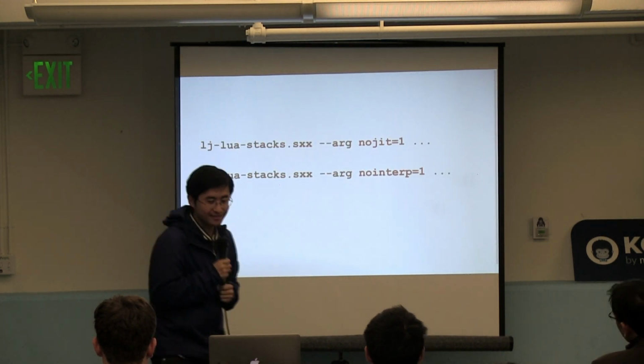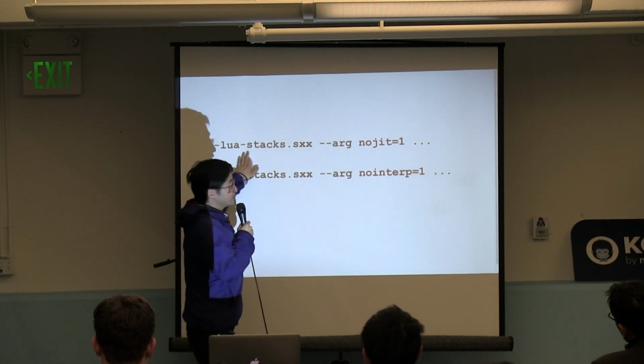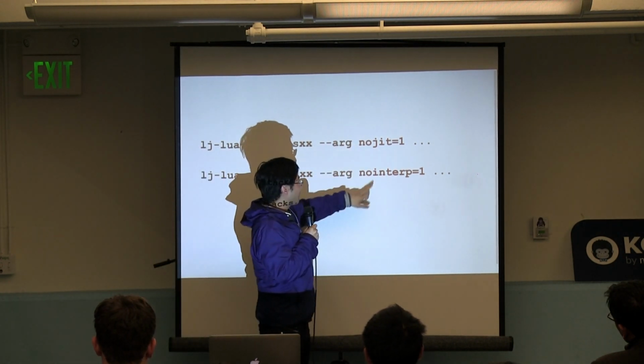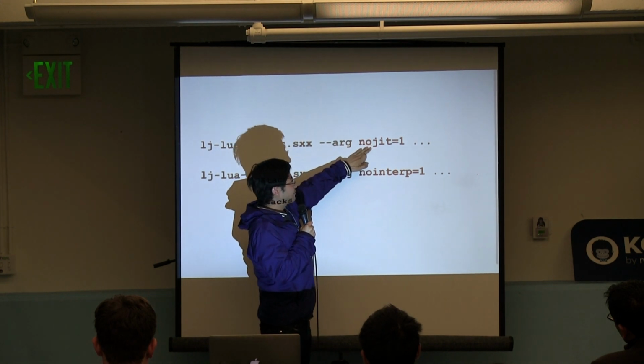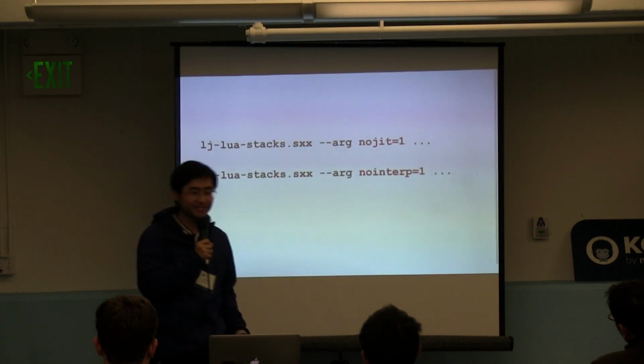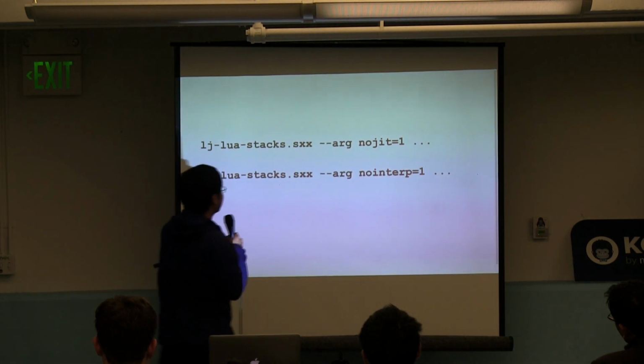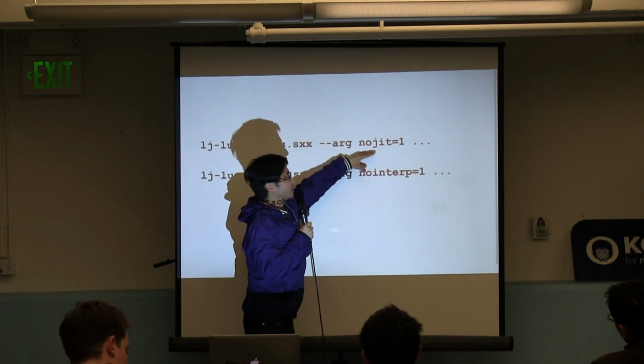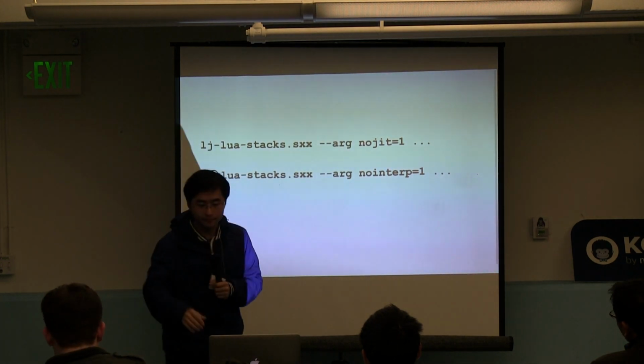And we also provide the Lua flame graph tools to get interpreting-only flame graphs and JIT-only flame graphs, so that you can see how your CPU time is spent on JIT and non-JIT code.